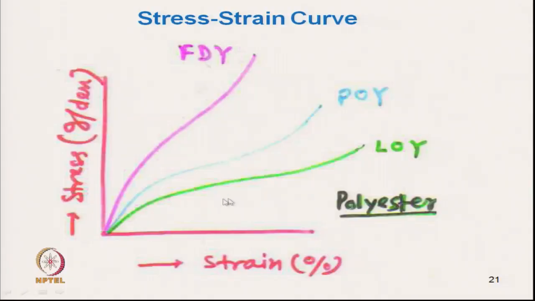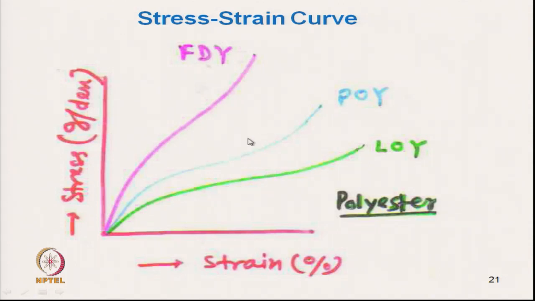This is a low oriented polyester, as we have discussed earlier. This nature is mainly due to rearrangement of the molecules. Molecules get straightened, aligned towards the axis. During that time the strain is very high.